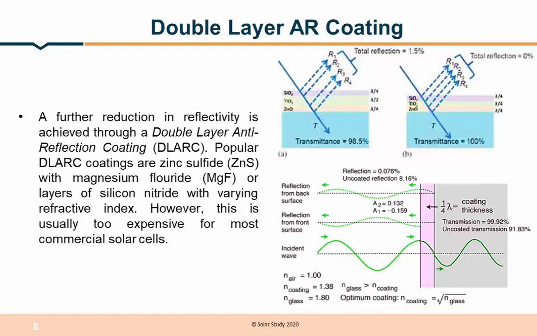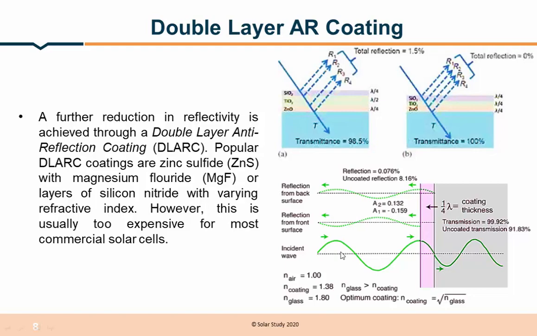And also we can make a double layer anti-reflection coating. So it will be easy to get 98 to 100% of sunlight to the electron hole pairs. The double layer anti-reflection coating contains zinc sulfide, magnesium fluoride and silicon nitride, and according to the fabrication process we deposit this kind of double layer anti-reflection coating.